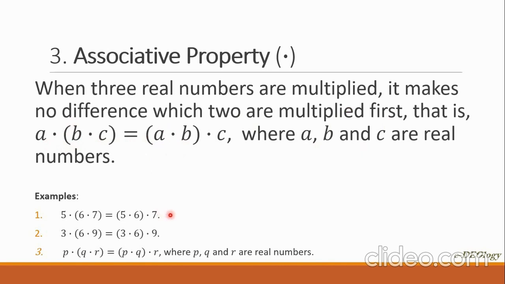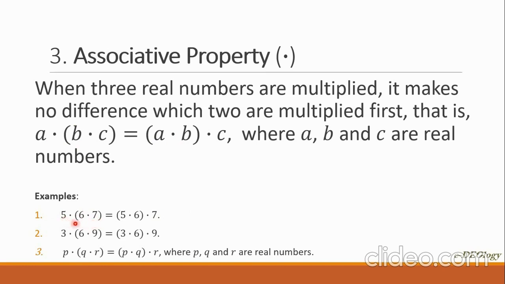In the first example, 5, 6, and 7 numbers are involved. On the left side, we have this 6 times 7 grouped together. After that, we will multiply the answer to the number 5.